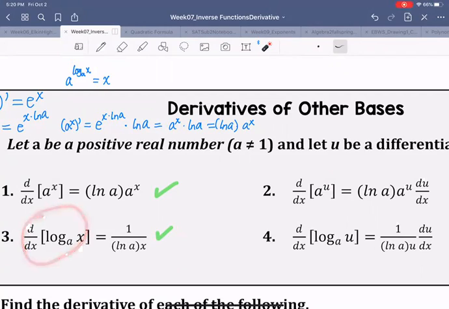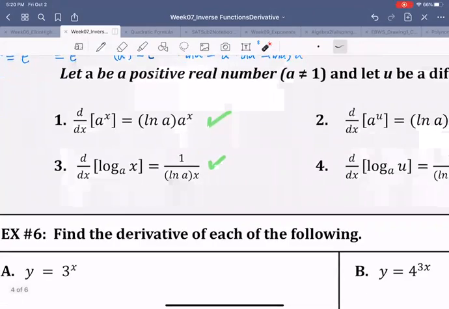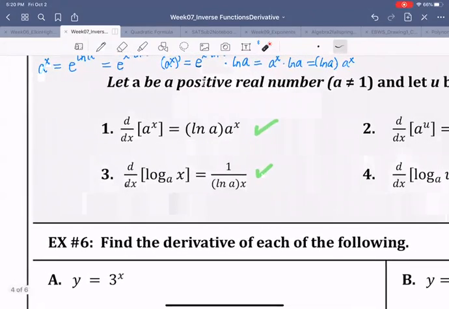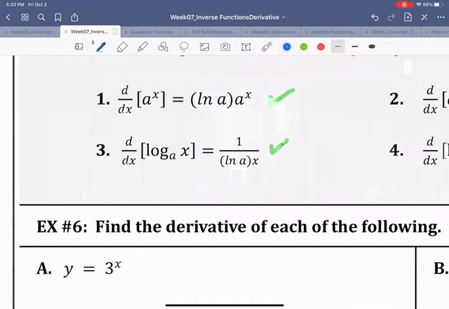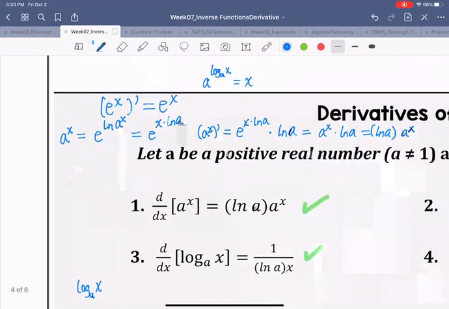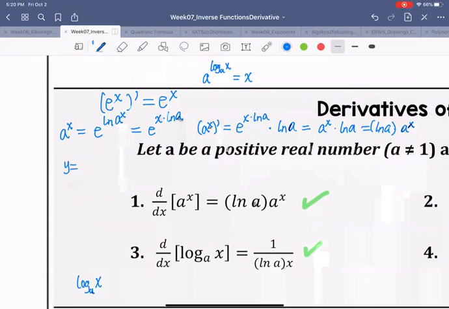Now let's do this guy: d of log_a x over dx. I showed you how to do the ln x derivative, and I want to do this one. I can rewrite it as e to the power y equals x.